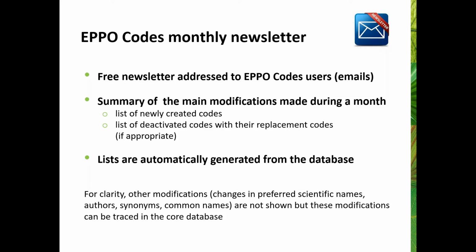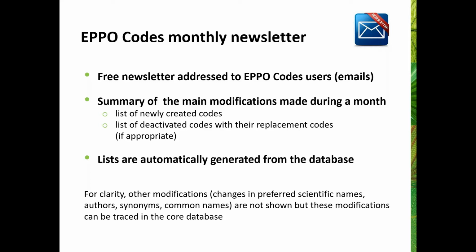So now we have a free newsletter, which is published every month and sent to all interested users by email. So this newsletter, in fact, presents a simple summary of the main modifications that have been made to the database, to the coding system during a month.